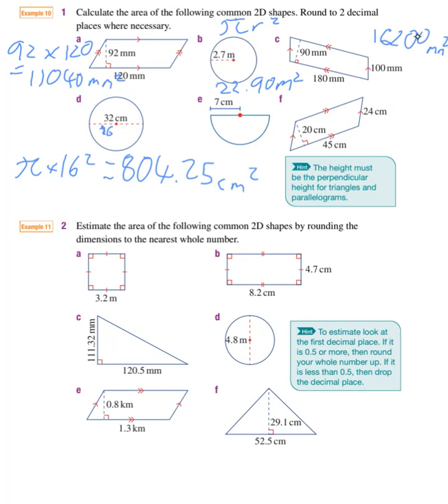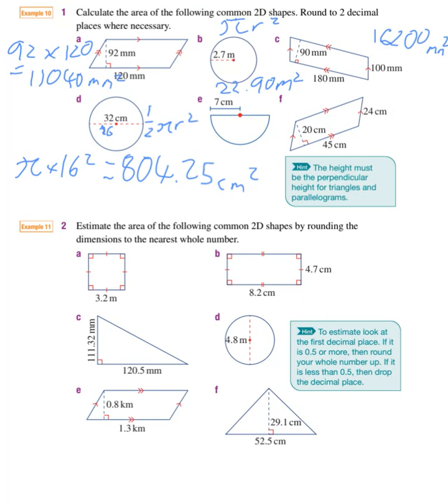Now, for E, it's a semicircle, so half of a circle. The area formula would be the same as for a circle, but you just have to halve it. So instead of pi r squared, which would get you a whole circle, you can just do half pi r squared.